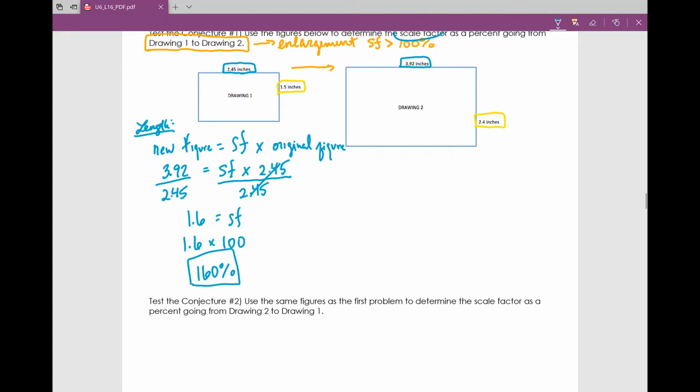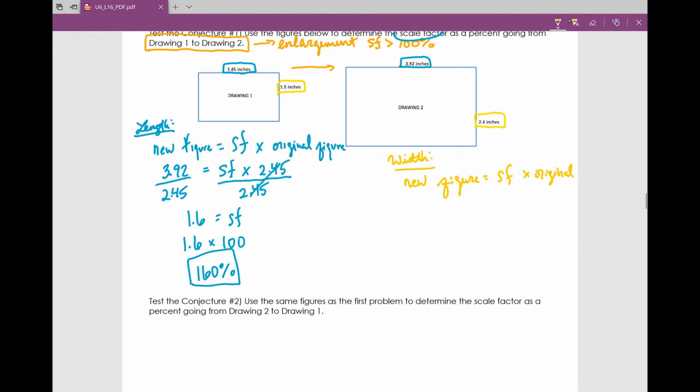What can I do to check this? I can pick up my other color, and I can do the width. So let's take our formula again. New figure equals the scale factor times the original figure. Can't fit it, so I'm going to leave it at that.